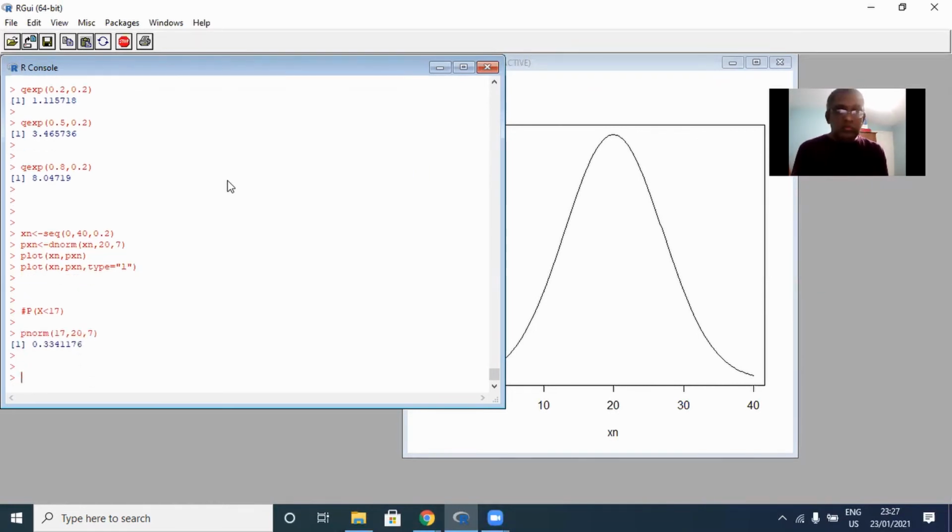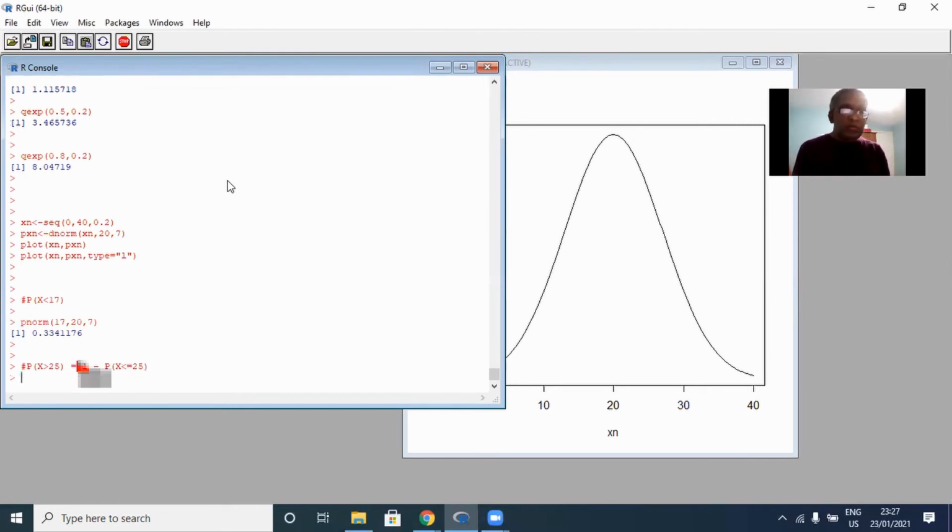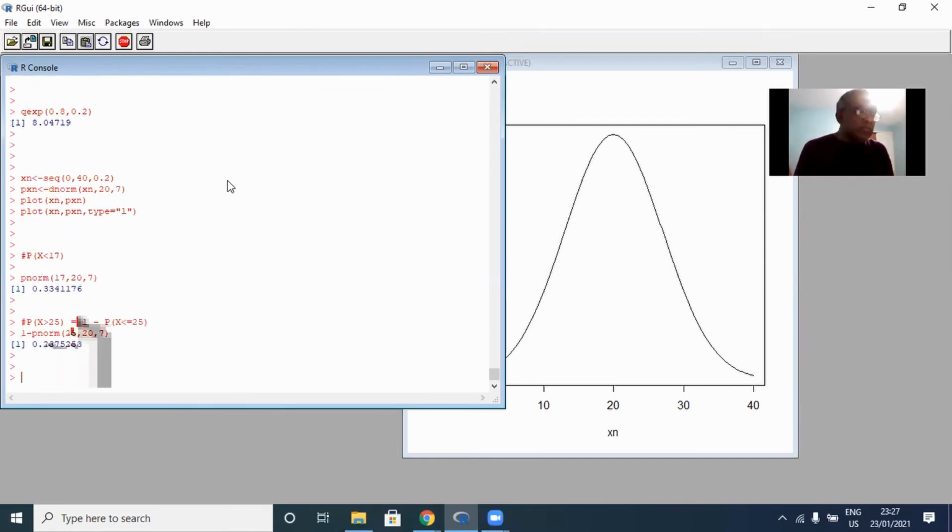Next thing, we want to compute the probability that x is greater than 25, which you can write as 1 minus the probability that x is less than or equal to 25, right? So this you can compute by 1 minus pnorm at 25 with mean equal to 20, standard deviation equal to 7.